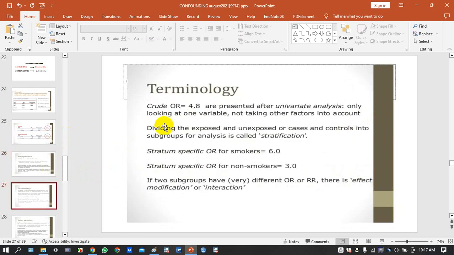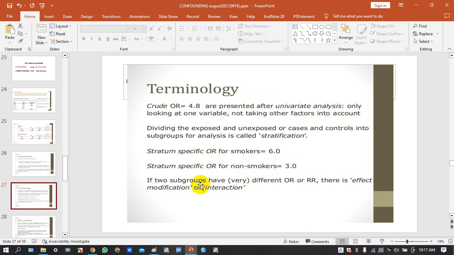So when we say crude odds ratio of 4.8, let's say in the numeric analysis, that is if you are using the stratification. So we had the stratum specific odds ratio for 6 and the stratum specific odds ratio for 3.